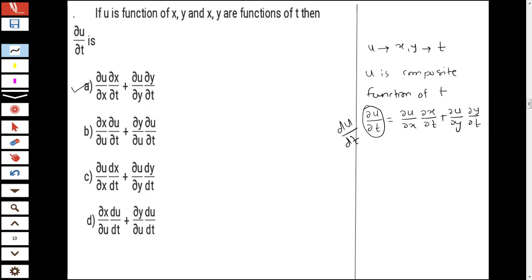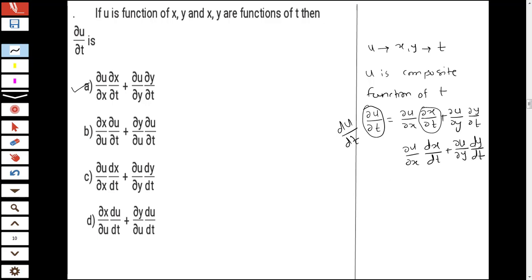A, ∂u/∂x into ∂x/∂t plus ∂u/∂y into ∂y/∂t. So more correctly, if we consider x as a function of t, single variable, so that change will be ∂u/∂x into dx/dt, and similarly for y with respect to t, that is ∂u/∂y into dy/dt.